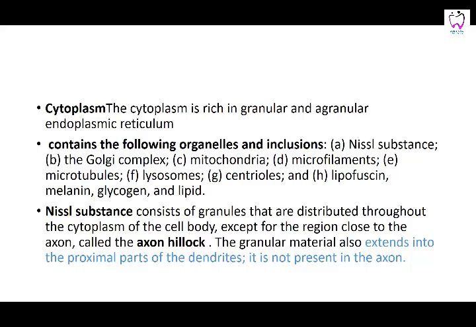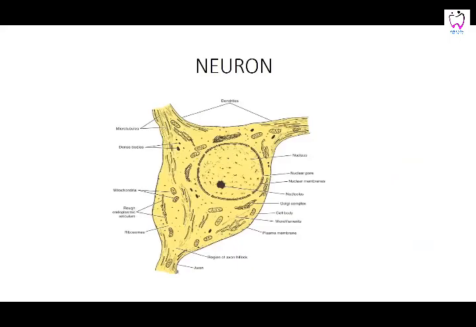It is one of the diagnostic features for identifying whether a process is an axon or a dendrite. The granular material also extends into the proximal part of the dendrites. It is not present in the axon, and it is a collective material of ribosomes, rough endoplasmic ribosomes.